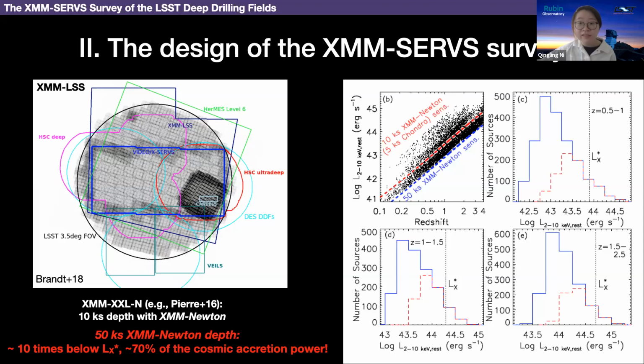Yes, NuSTAR is certainly good at characterizing the Compton thick AGNs compared with Chandra and XMM-Newton. But one thing you need to notice is that NuSTAR's positional uncertainty is not that good.